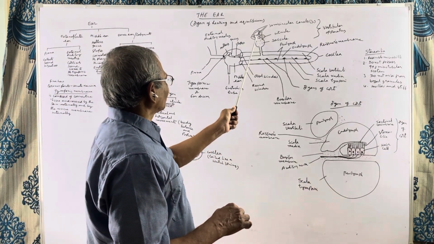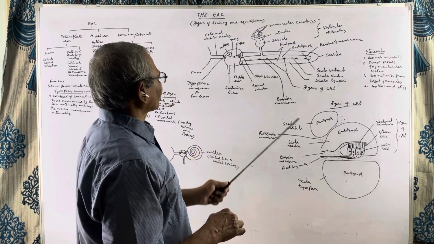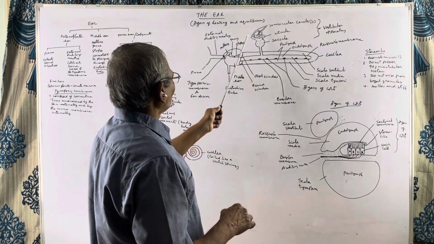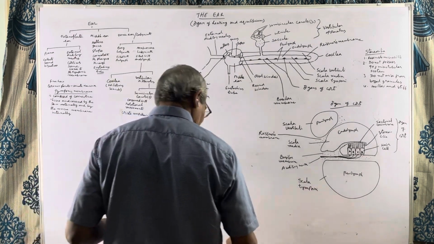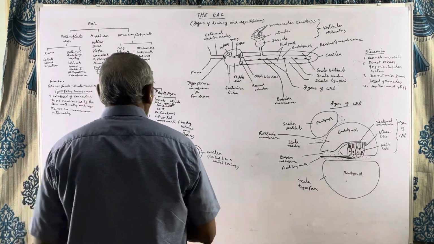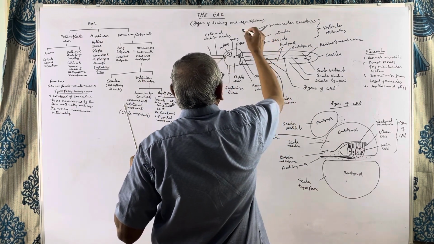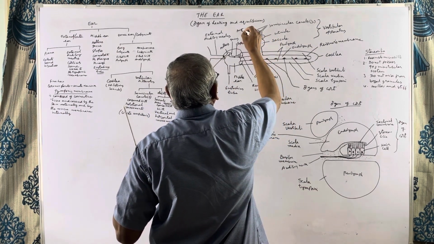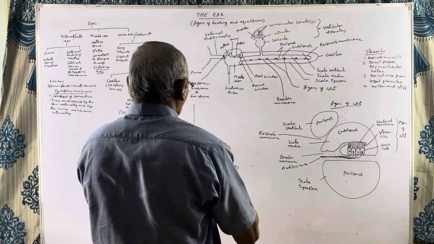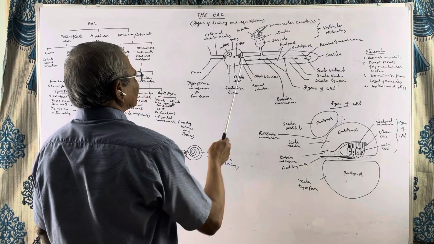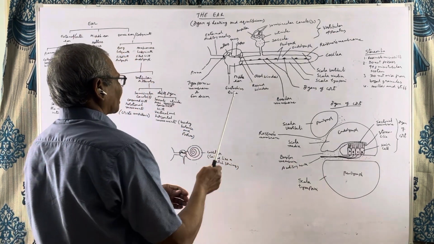This is at right angles to this one, this is at right angles to this one, like that. Each semicircular canal has a swollen part known as ampulla. I will deal with the function of these saccule, utricle, and the ampulla later.